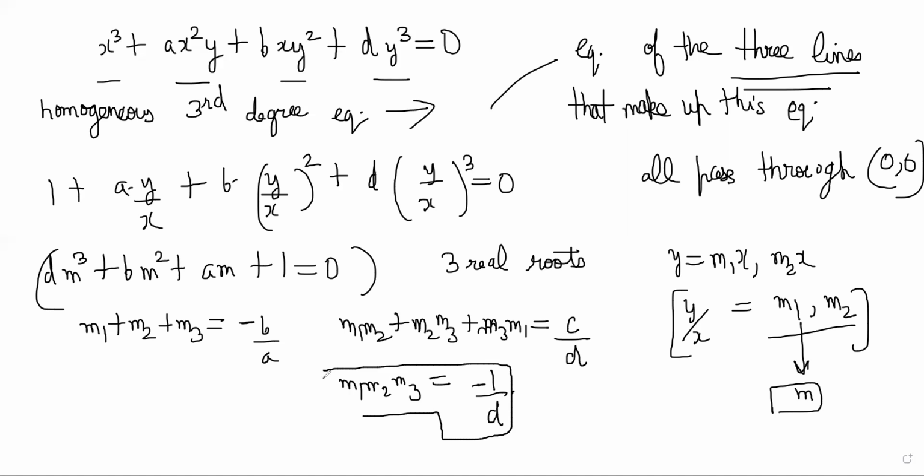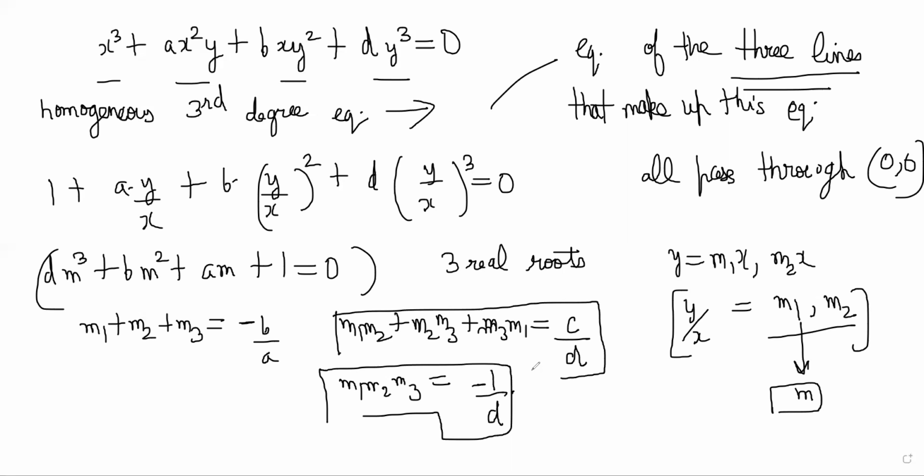So even if the question is not directly a 2-degree equation, we can use common sense and figure out if it represents 3 straight lines passing through the origin. If so, then you can just divide by x cube and write y is equal to mx.